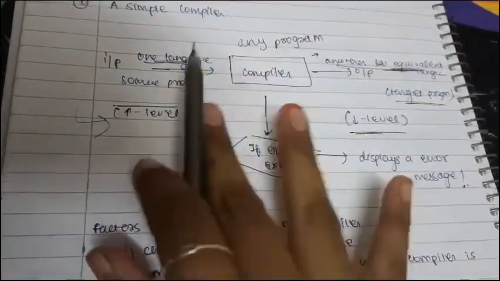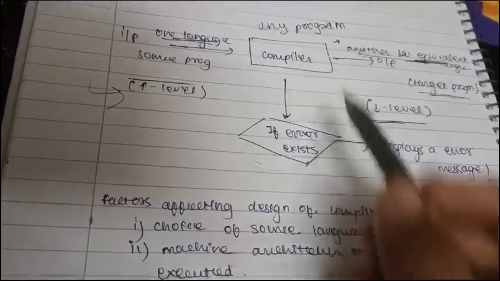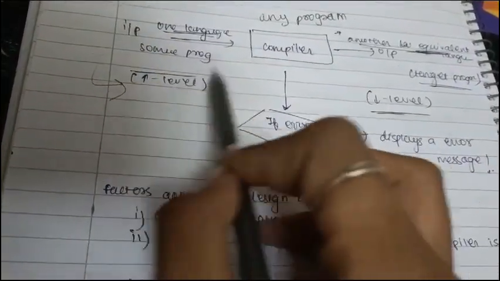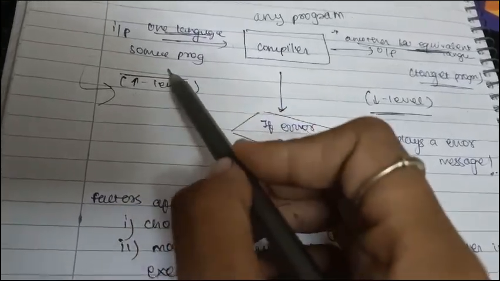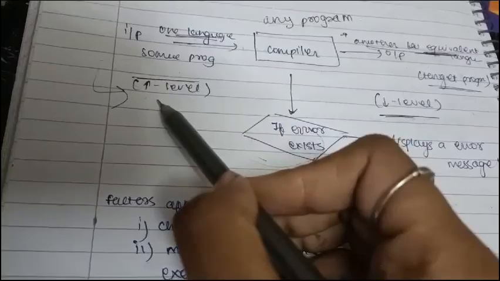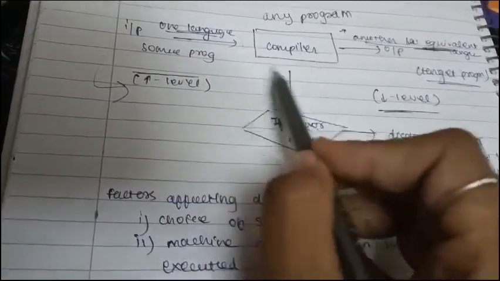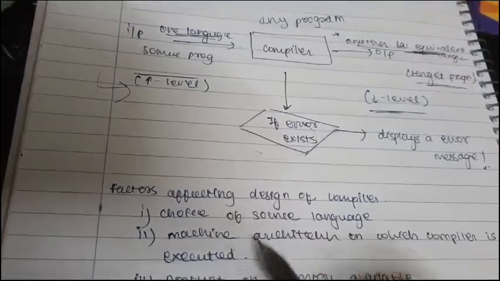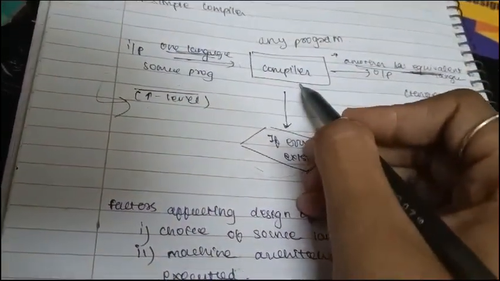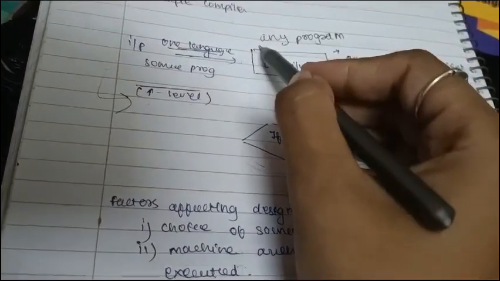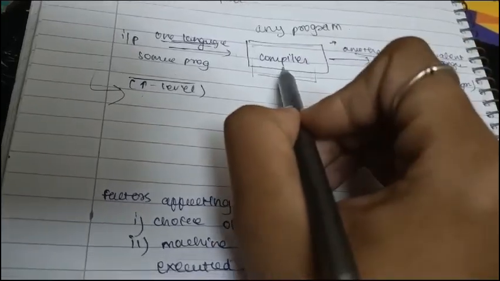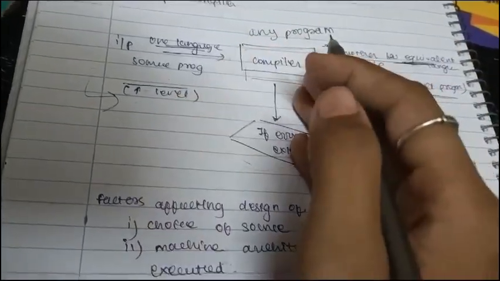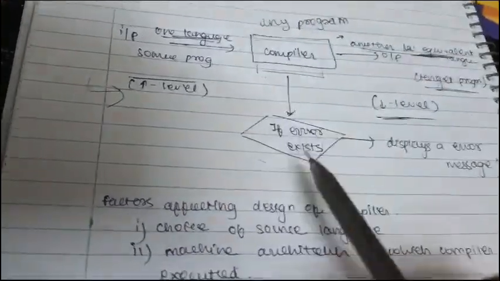So what are the factors which can affect the design of the compiler? First of all, the choice of the source language. The compiler is dependent on the source language, so the type of language you are using, the complexity of the language, the time complexity and space complexity will affect the design of the compiler. Second is the machine architecture on which the compiler is being executed, which will always affect the design of the compiler.